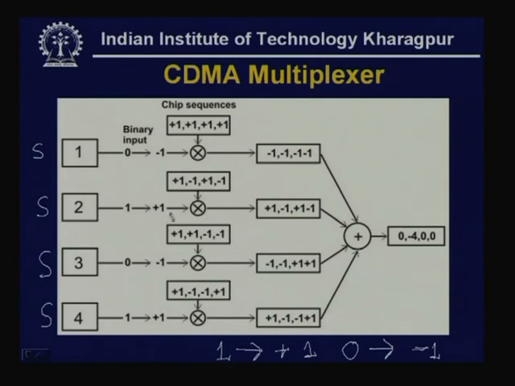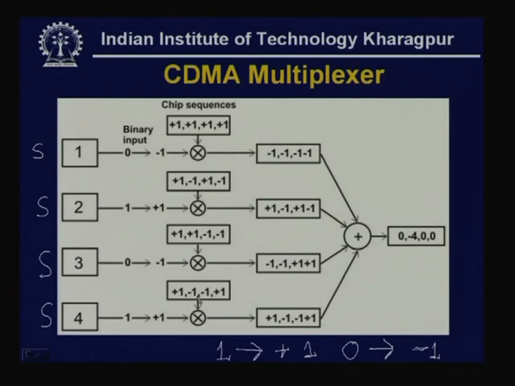On the other hand, for channel 2, it is multiplied with +1, so +1, -1, +1, -1 remains the same. Then for station 3, multiplied with -1, the chip sequence becomes -1, -1, +1, +1. And from station 4 it is multiplied with +1, because the binary data is 1.